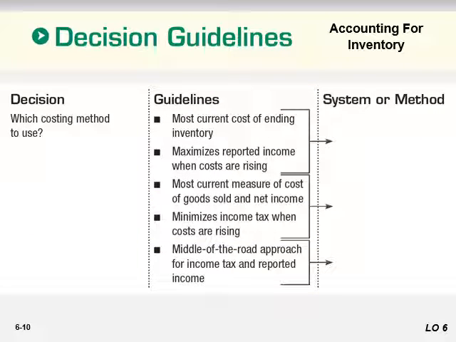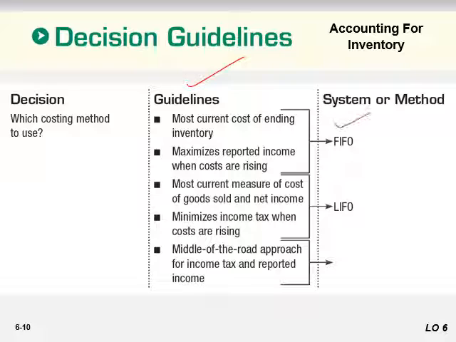If you want the most current cost of ending inventory and you want to maximize reported income when costs are rising, always use FIFO. These are just guidelines, not a hard and fast rule. If you are interested in the most current measure of cost of goods sold and net income, or if you want to minimize tax, use LIFO.